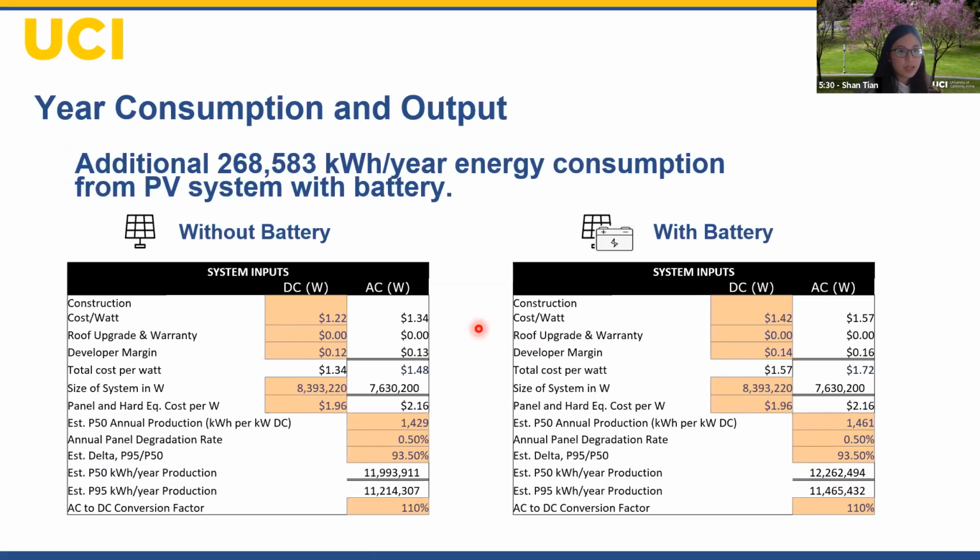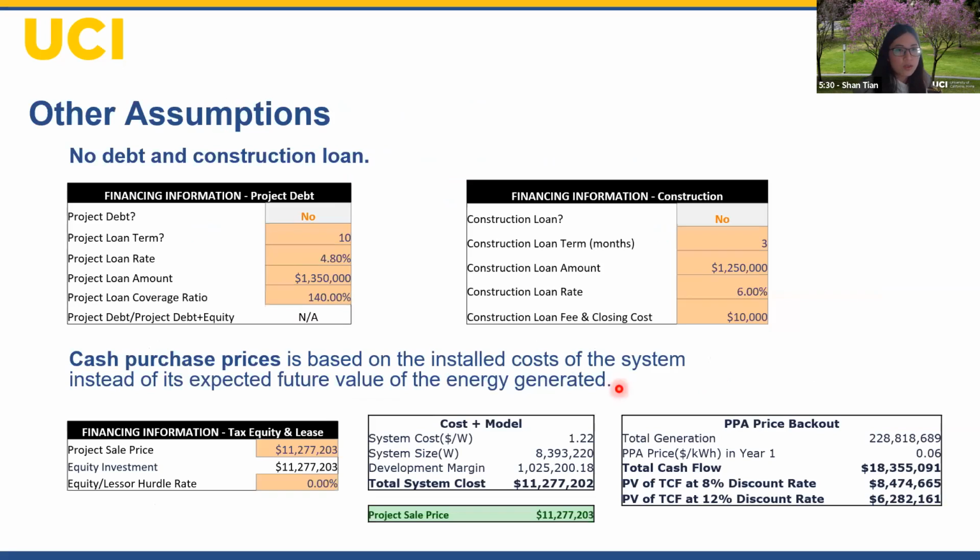The annual production for a PV-only system will be around 12 million kilowatt hour. With battery, we will have an additional 268.6 thousand kilowatt hour per year of electricity consumption. There will be no debt or loan for this project.